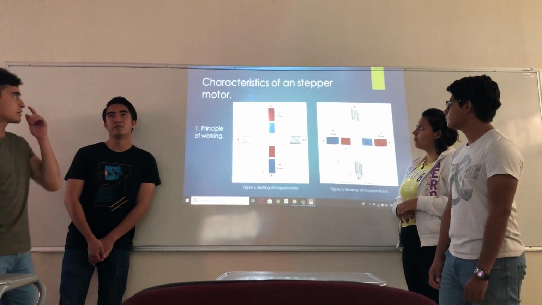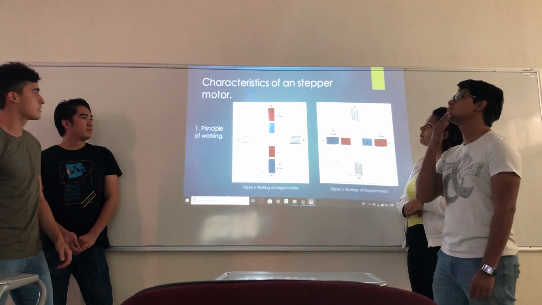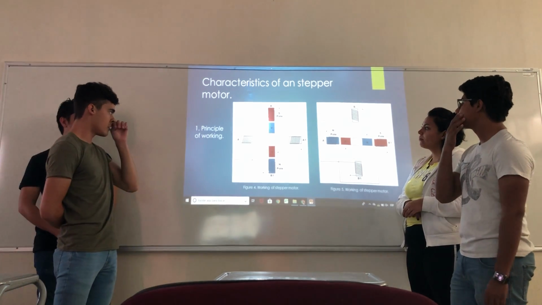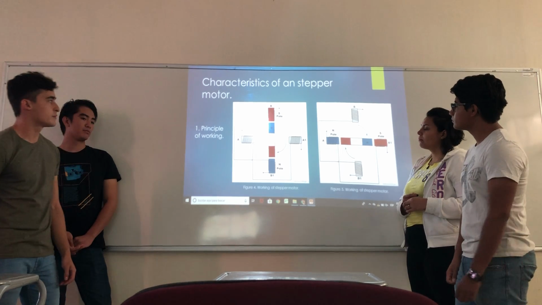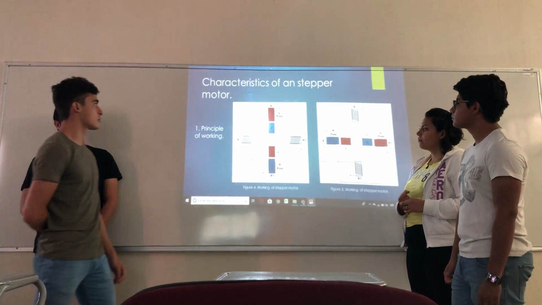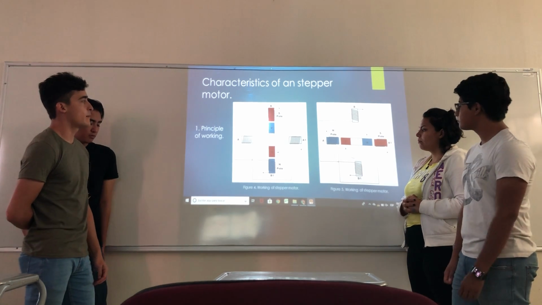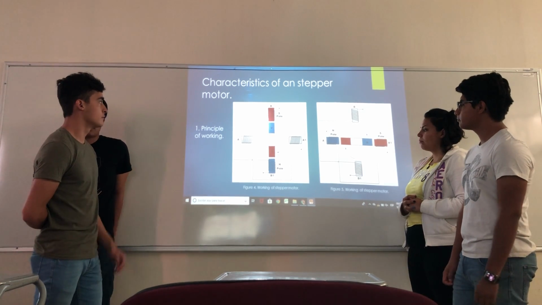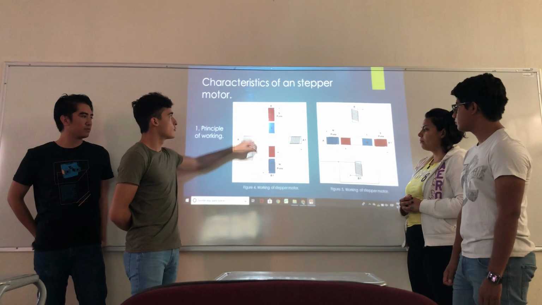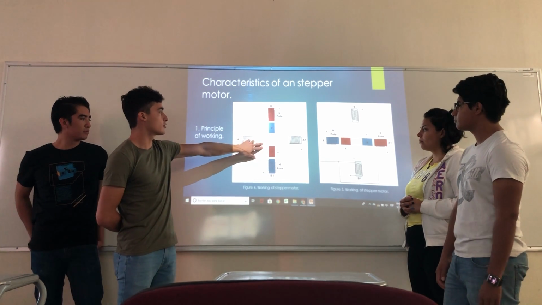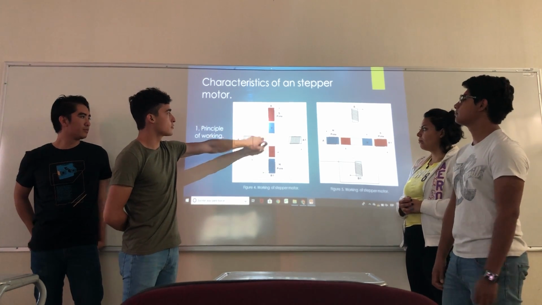Now in this slide we can see in more detail the characteristics of the stepper motor with the principle of working. As we know, the stepper motor works thanks to magnetism. When we energize a coil, we generate a magnetic field. The coil has two poles, a south and a north. The rotor also has two poles, the south and the north.